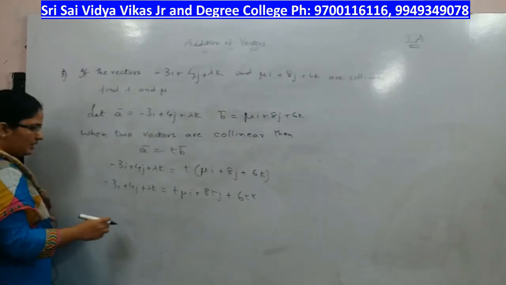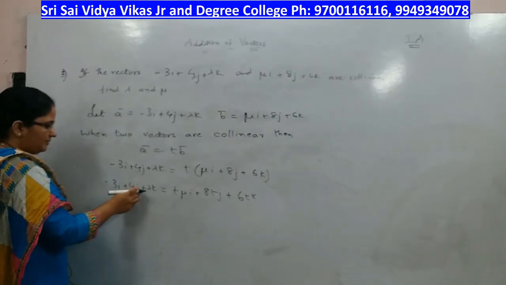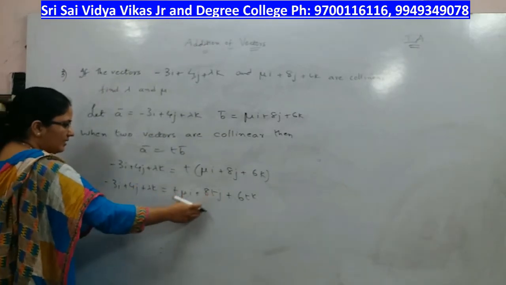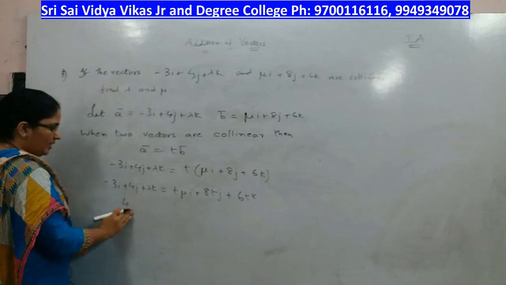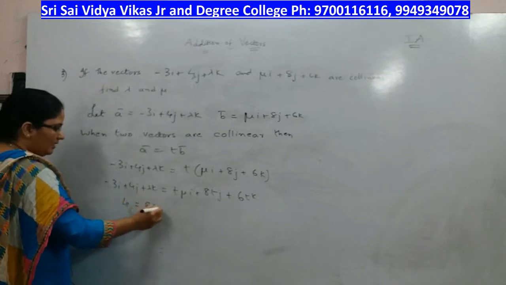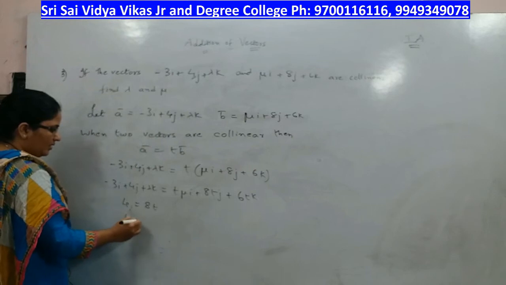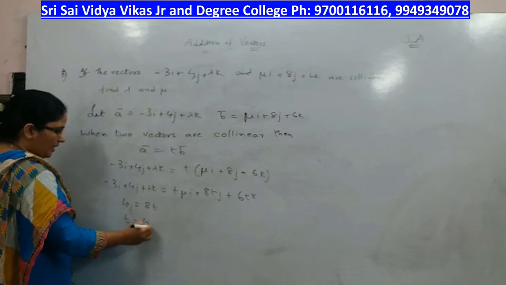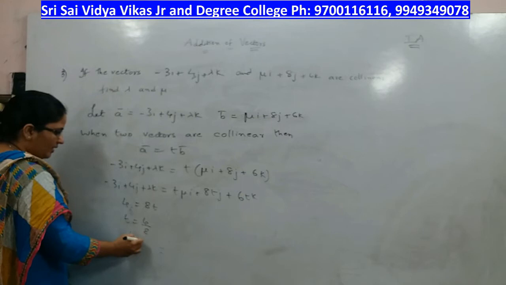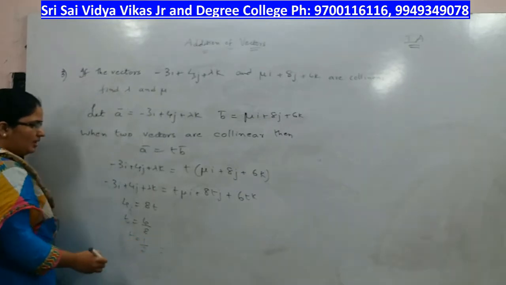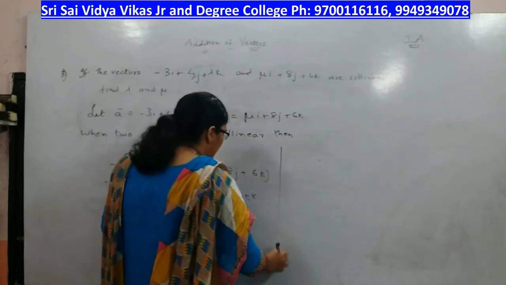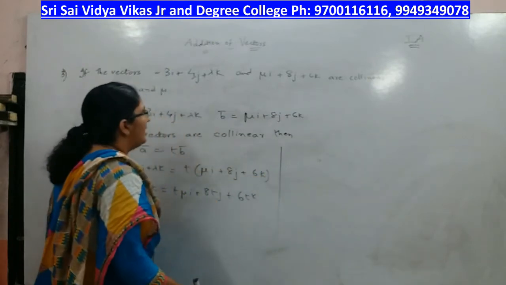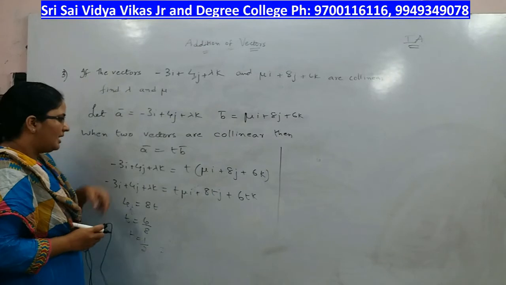Now compare these two terms, 4j and 8Tj. 4 is equal to 8T, so T is equal to 4 by 8, T is equal to 1 by 2. You got the value of T as 1 by 2. Then you have to find the value of lambda and mu.